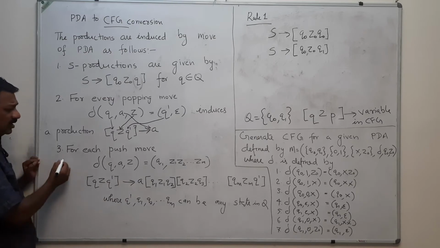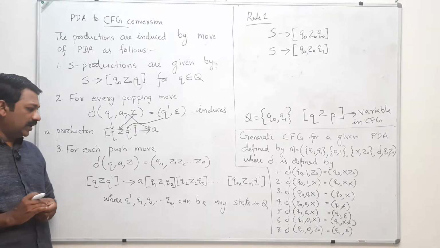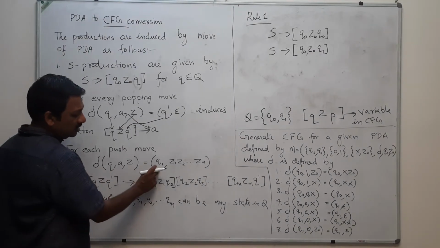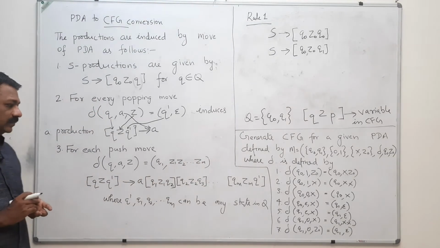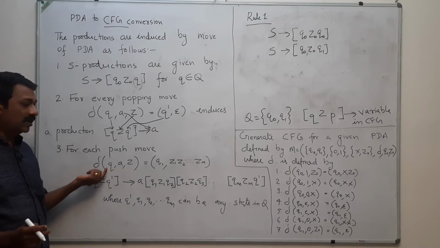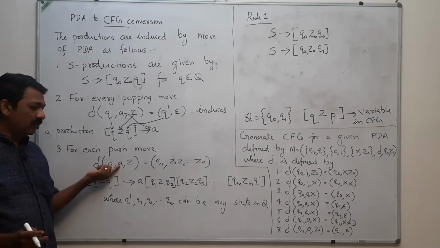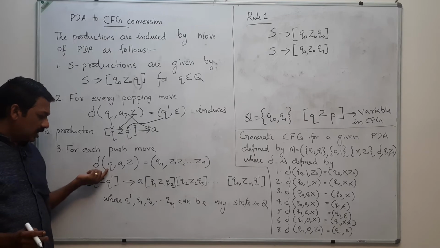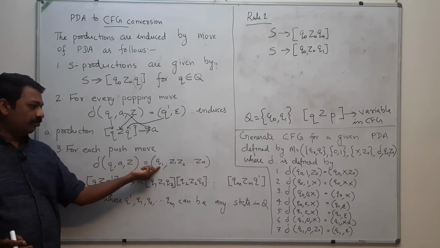And the third one is, for each push move, what will happen? If delta of (q, a, Z) is equal to (q1, Z1 Z2 ... Zm), that means if the current top of the stack is Z, the current input symbol you are going to read is a, and the current state is q, it is switching to a new state q1.